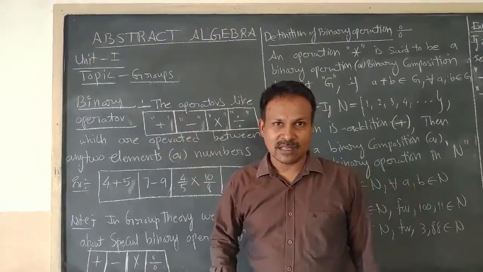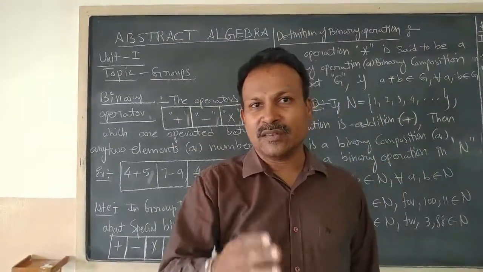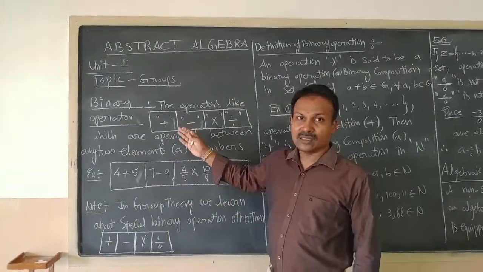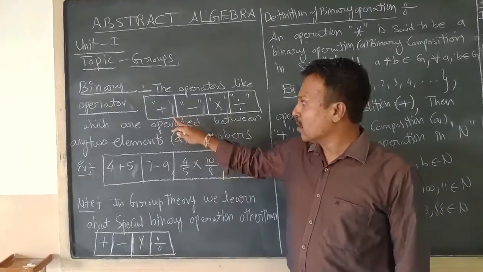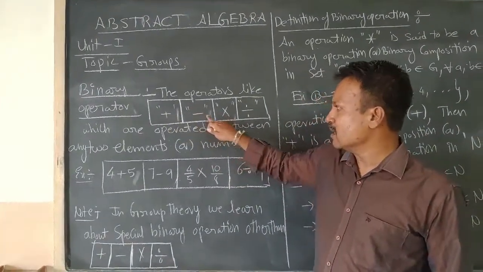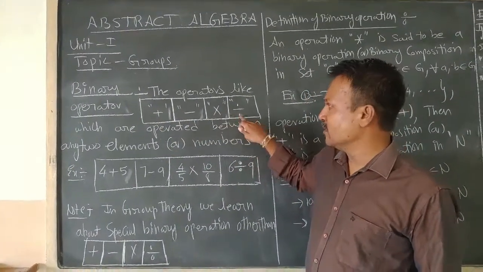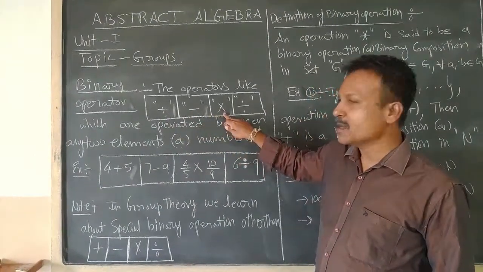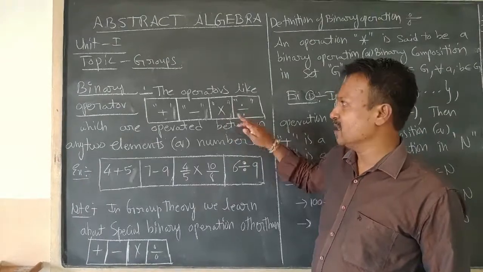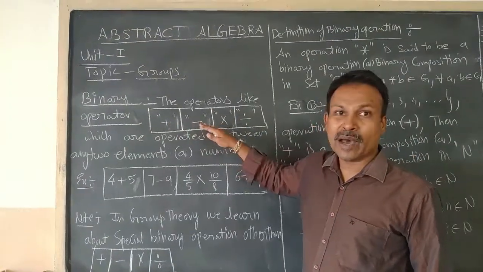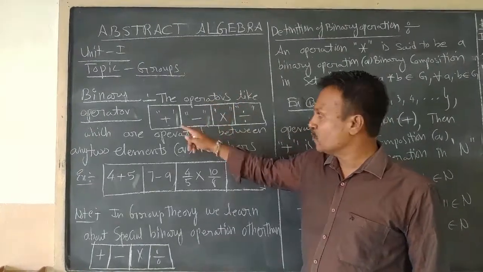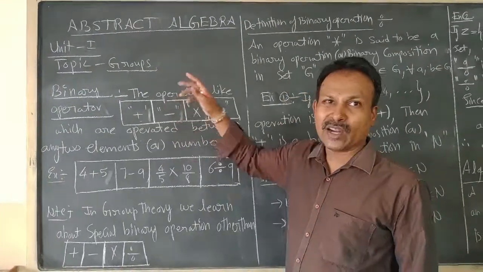In basic classes, that is in the lower classes, we have learned the basic operators called plus, minus, into, and division. It is addition, it is subtraction, it is multiplication, and it is division. These are called binary operators if we come to the concept of groups. Why are these four operators called binary operators?